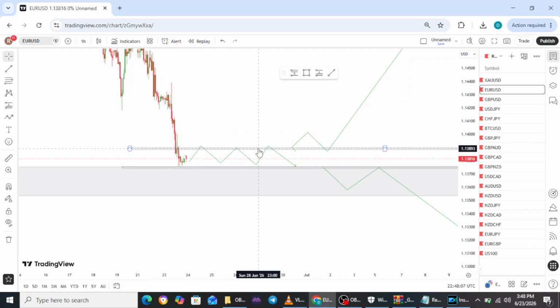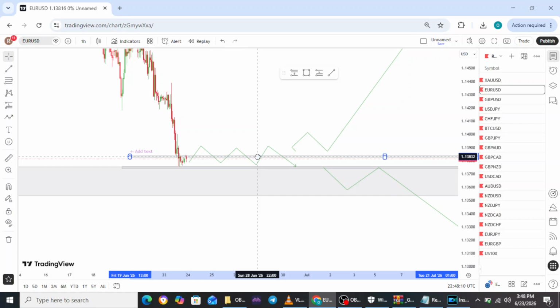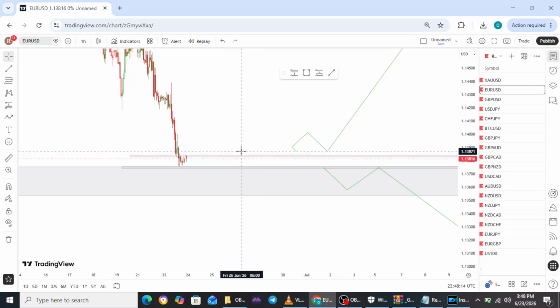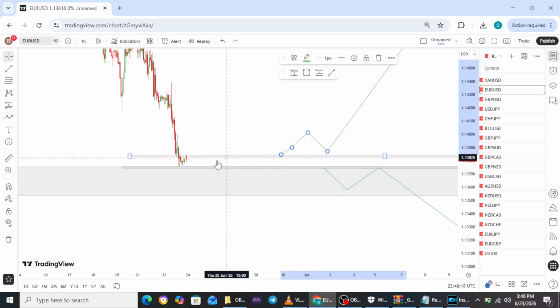Now I can bring this to this level also. Yes, I can do that. But the disadvantage of this is that the market can break and find resistance in this level and come to the downside.